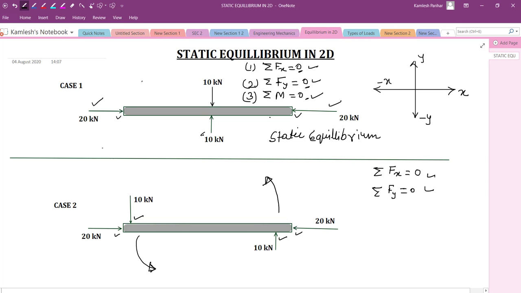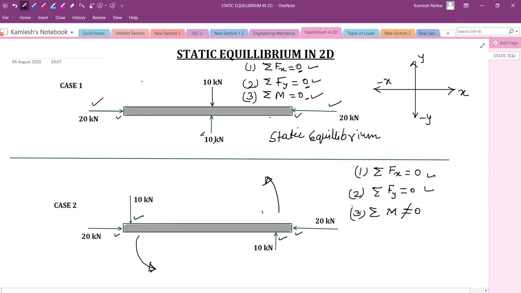So in this way we can say in case 2, the third equation, that is summation M equal to 0, is not satisfied, or we can say this is not equal to 0. Only the first and second equations are satisfied.